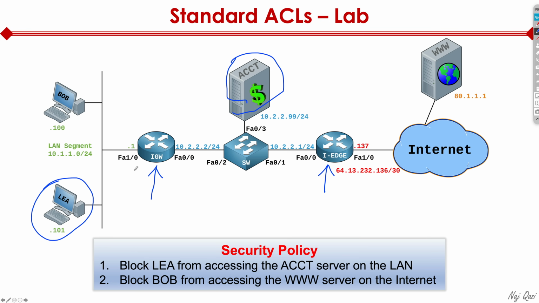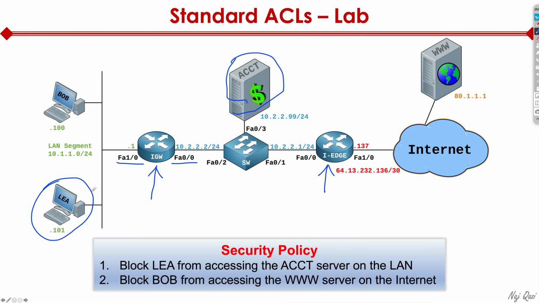So now the next question is which interface? Because remember, ACL is not applied to the entire router. ACL is applied to the interface. Either we can apply it on fast 1/0 or fast 0/0. Where should we apply this ACL? Now, let's think back. If you guys recall, when it comes to standard access lists, the recommendation from Cisco is that we place the standard ACL as close to the destination as possible so we don't block traffic.